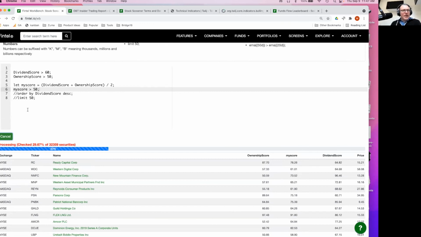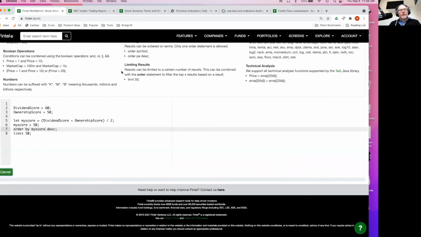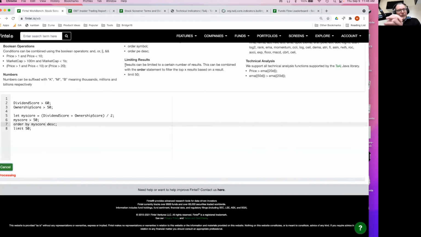I should be able to say now, order by my score, limit 50. What this is going to do is generate a combined score that combines the dividend and ownership. It's going to select those that rank most highly, order them from high to low, and pick the top 50.